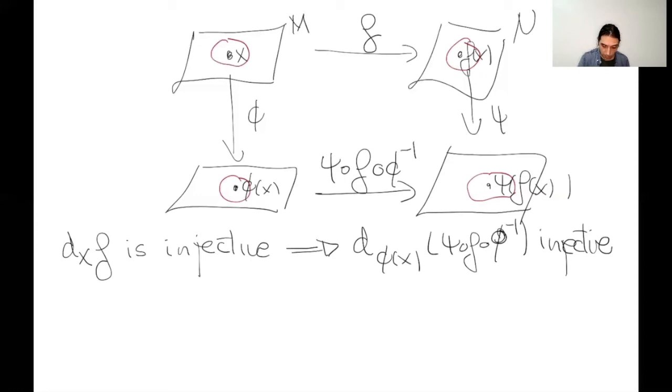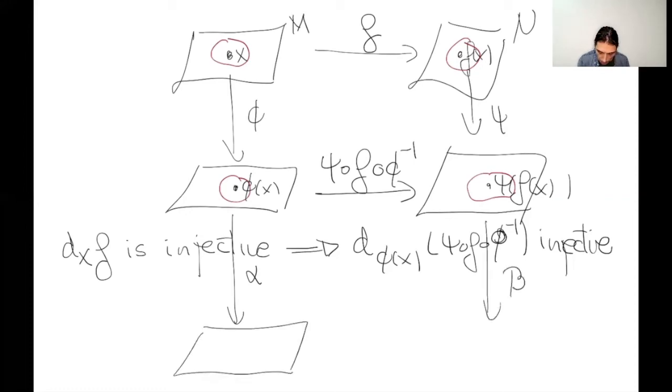And the theorem actually says that we can consider here a map alpha, which is a diffeomorphism defined in a neighborhood of phi of x, and here a map beta, which is a diffeomorphism defined in a neighborhood of psi of f of x, such that the map that is closing the diagram is the one that we considered in the previous slide.